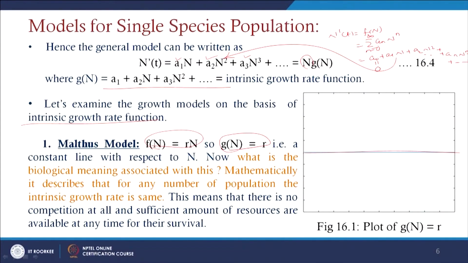So, what is the biological meaning associated with this? Mathematically it describes that for any number of population the intrinsic growth rate is the same. This means that there is no competition at all and sufficient resources are available for their survival. Maybe if 5 cells are there, sufficient food is available, and the increasing rate is, suppose, 5, and even if the population size is 100, the intrinsic growth rate is 5, then at 1000, the intrinsic growth rate is also 5 there.